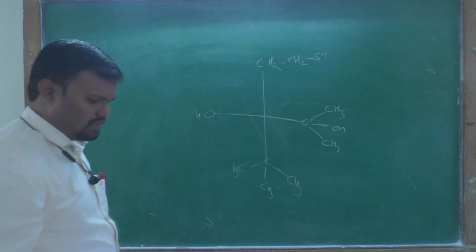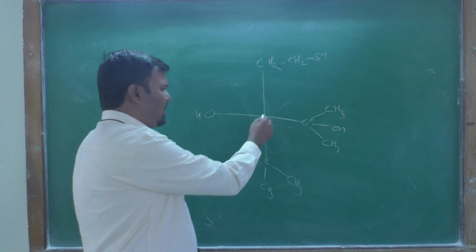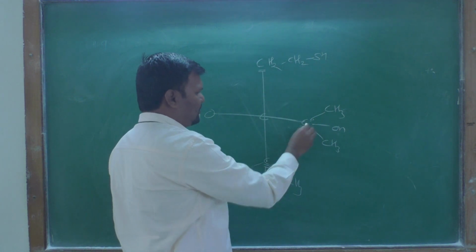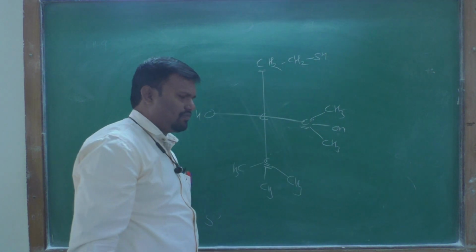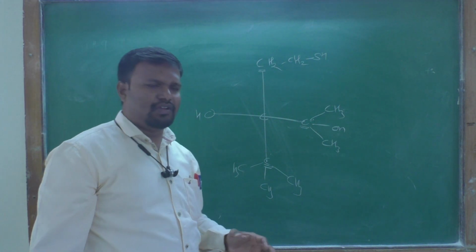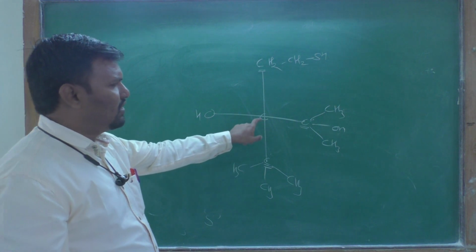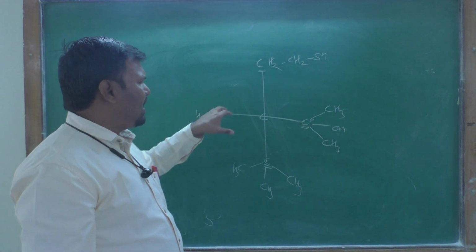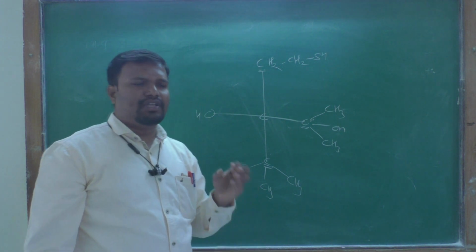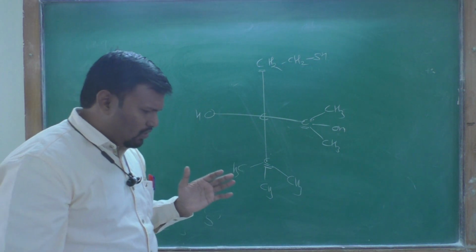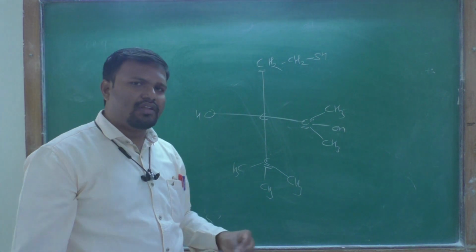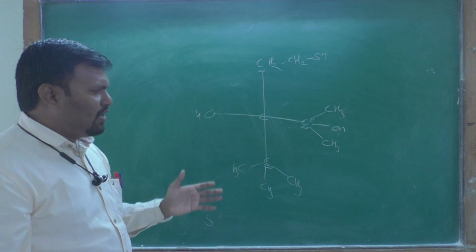If the central atom has all different attachments, according to the atomic number we can predict the priority. But the problem arises when the carbon has the same atom attached; then we have to find out which group should have the least priority or which group has the higher priority.